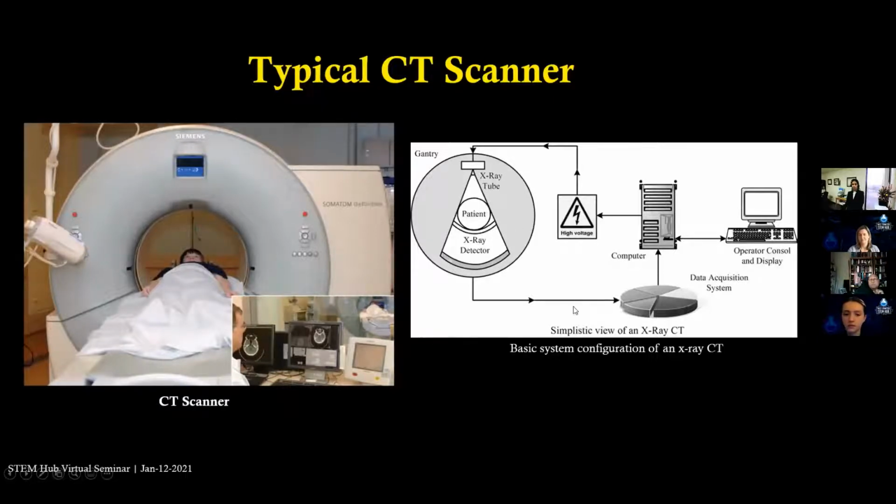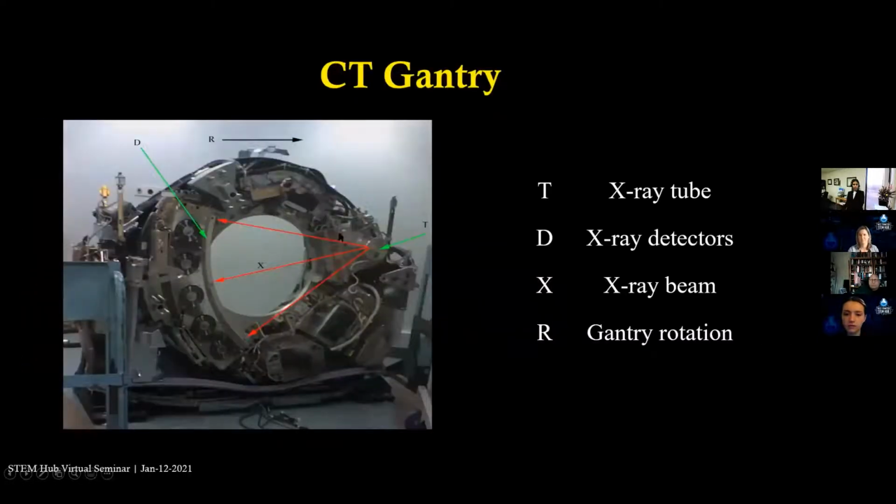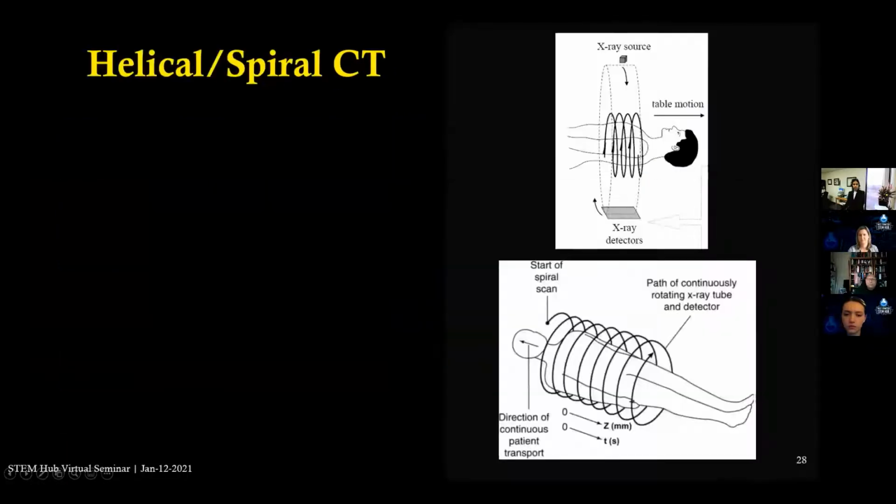All this information is sent to a data acquisition system and then a computer to finally display the images at the console. And this is what is within the CT gantry. So this is your tube, this is again the array of detectors, and this is the X-ray beam.